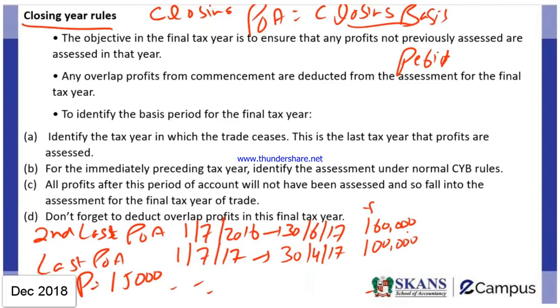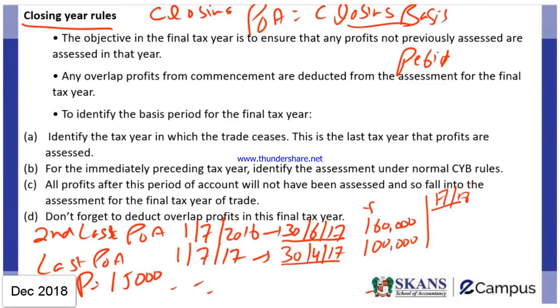Now, if you see the ending date of the second last period of account, which is 30th June 2017, it comes in the tax year 17-18. And as you observe the last period of account ending date, which is 30th April 2018, it again comes in the tax year 17-18. So what happened here?